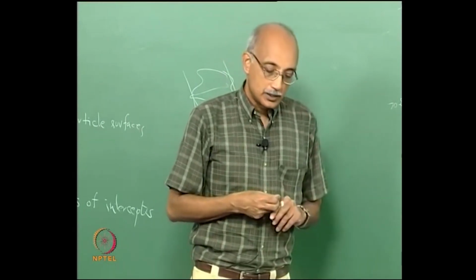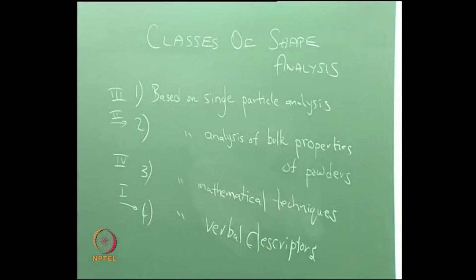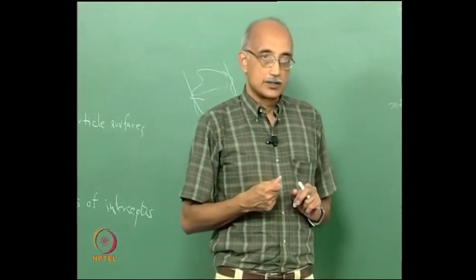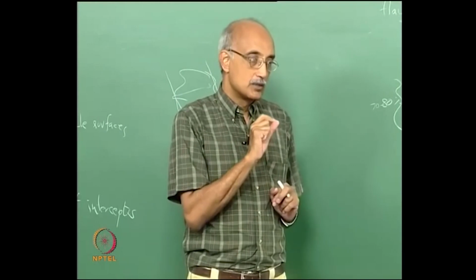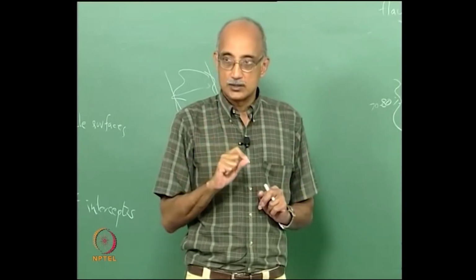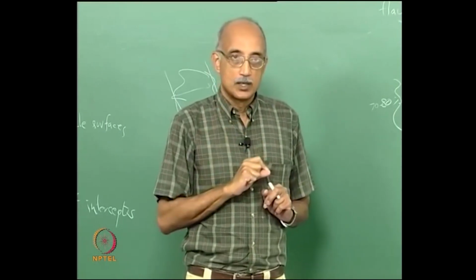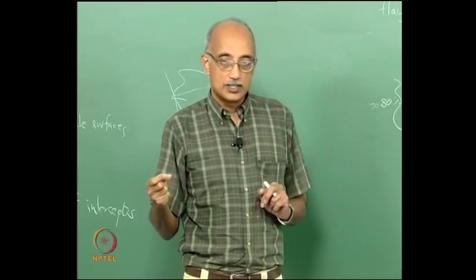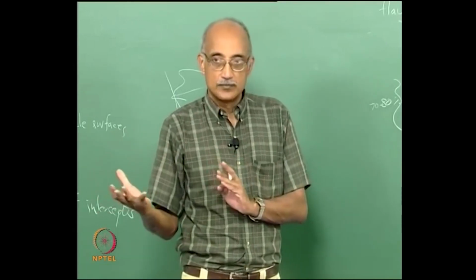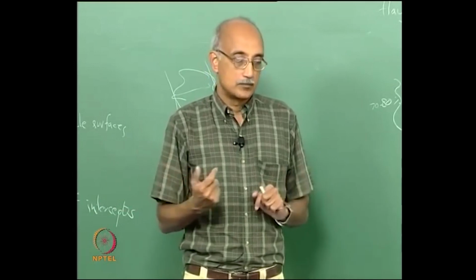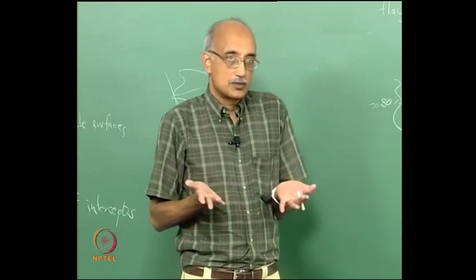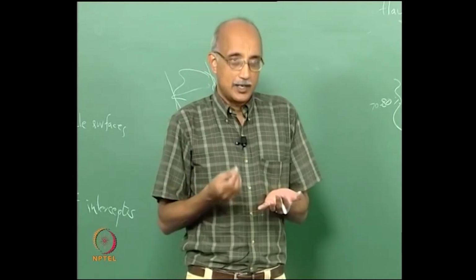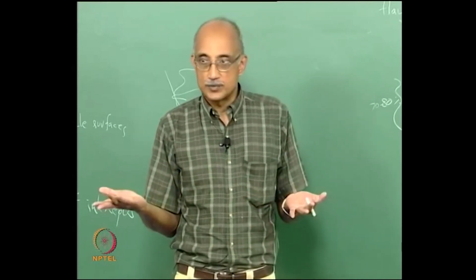Another technique under the mathematical techniques category is Fourier analysis. You try to capture the most frequently recurring characteristics of the particle, and again you compare it to a reference spectrum of shapes that are available to you, just like you do Fourier transform analysis for identifying the composition of organic substances, for example.